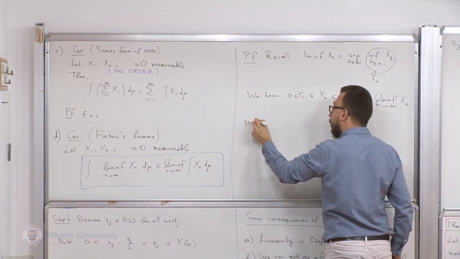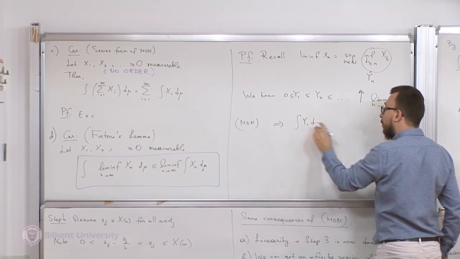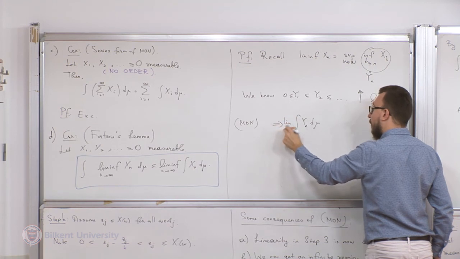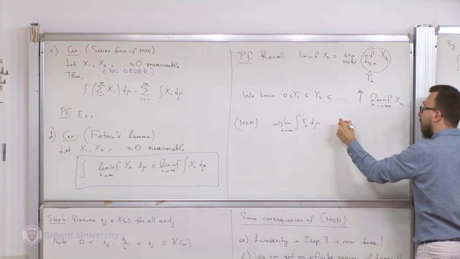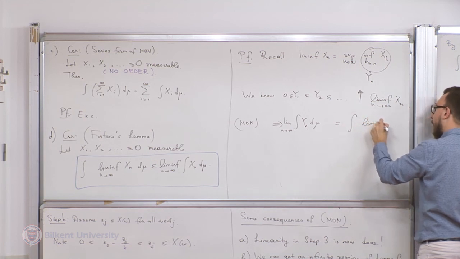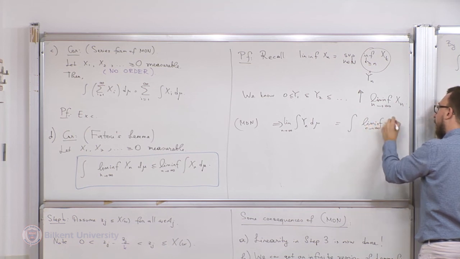So monotone convergence theorem implies the limit of the integral of yn d mu is equal to the integral of the lim inf of xn d mu.